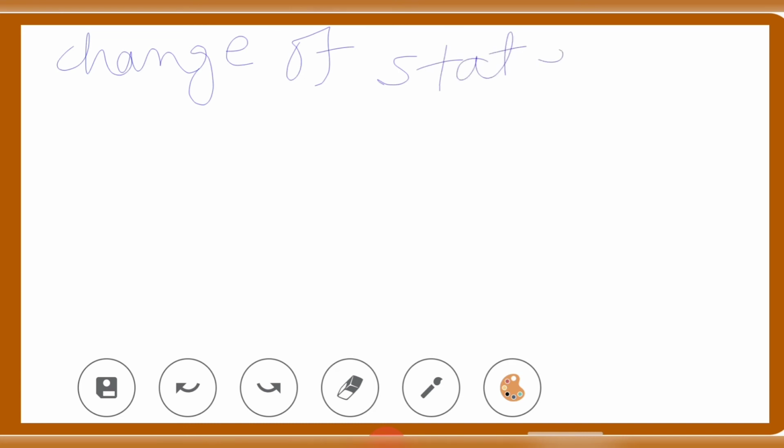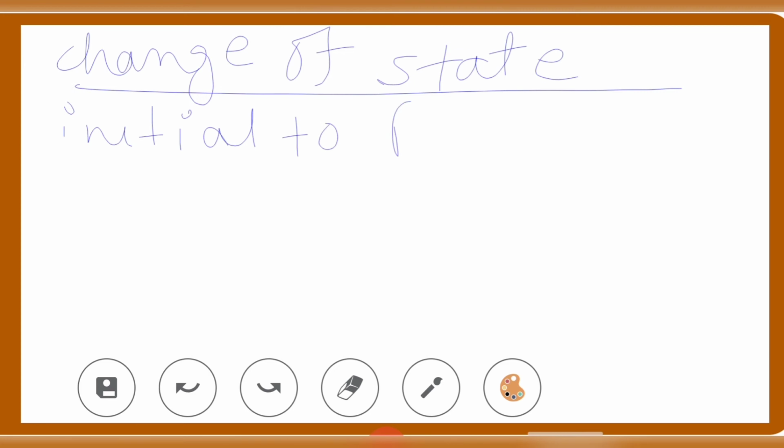Now we will see the change of state. Basically, change of state is like initial to final. Suppose here 3 H2(g), 5 bar, 100 degrees centigrade.